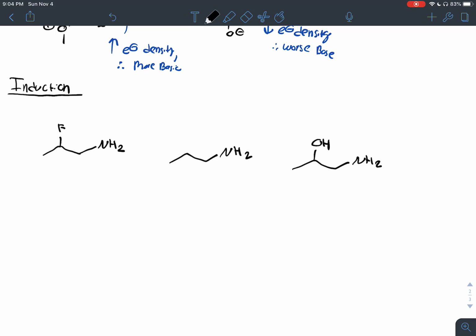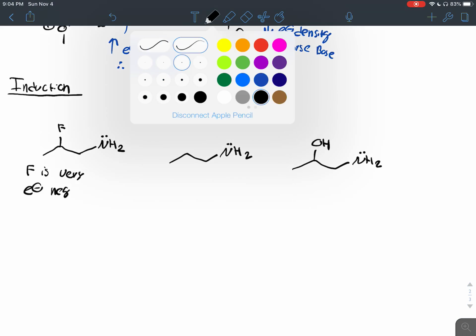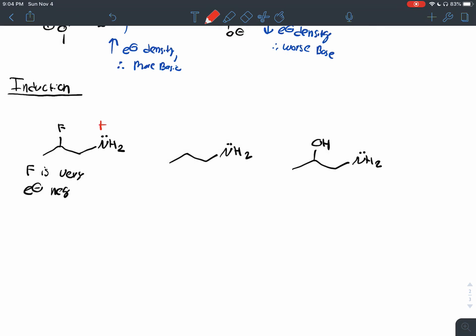Remember, fluorine, F, is very electronegative. If it's electronegative, what do you think it's going to do? It's going to pull electron density away from the lone pairs. And same thing with oxygen. However, oxygen isn't as electronegative as fluorine, so it pulls less.